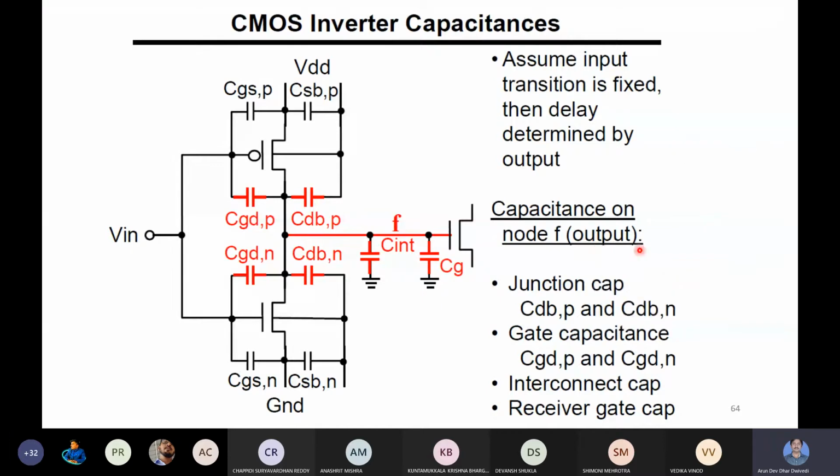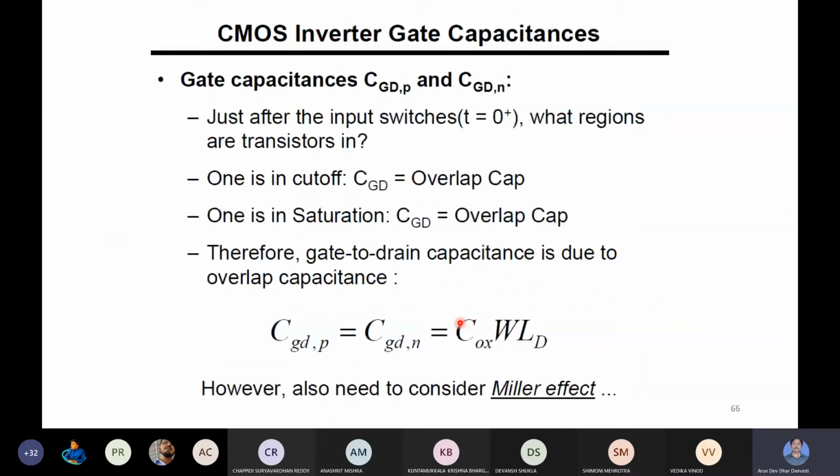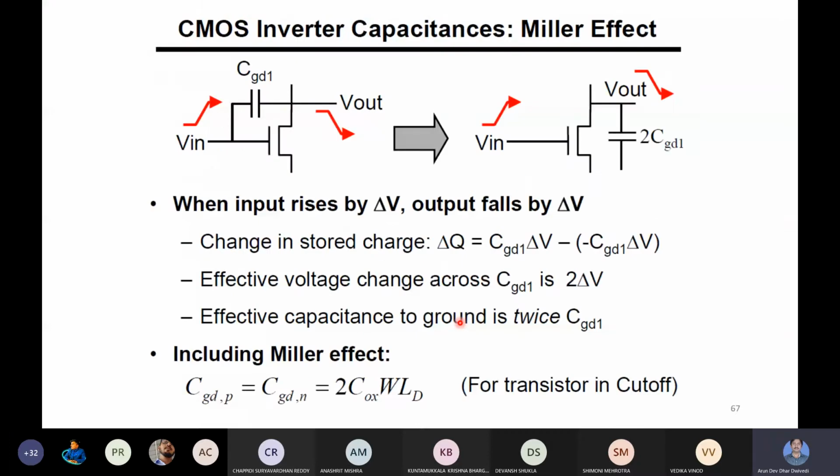Let me take a pointer. Including all the red highlighted capacitors, whose calculation methods we already know, we also include the Miller effect. CGD1 between the output port and ground becomes 2 times CGD1.